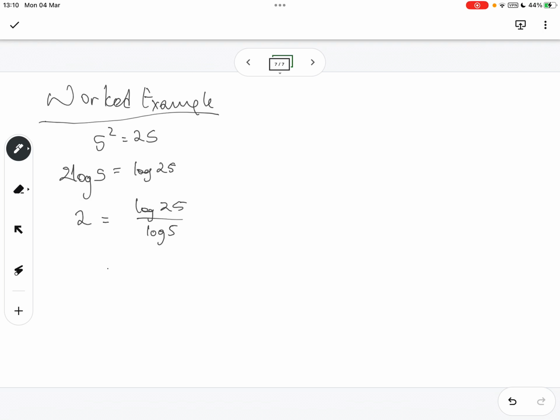I just want to see something. 2 equals log 25 over log 5, which is log 25 base 5. Okay. It says 2 is the power to which 5 must be raised to give the number 25. So it doesn't work the same.